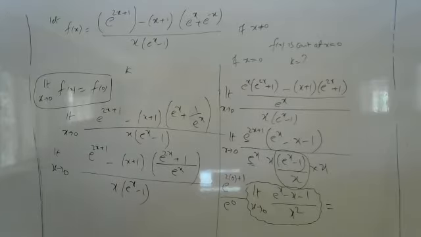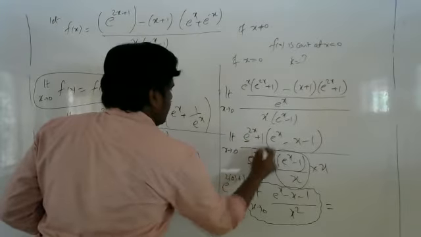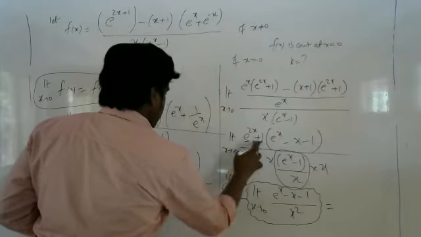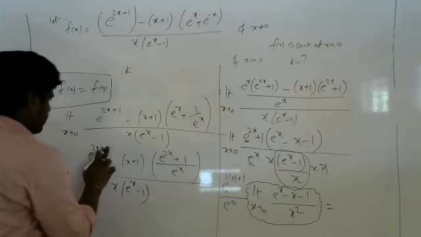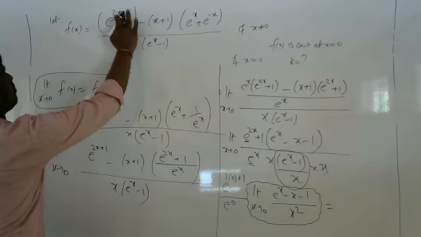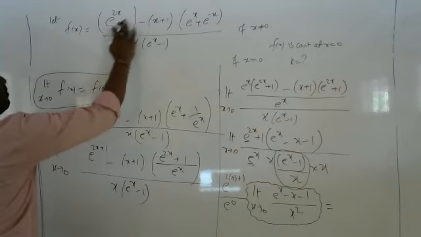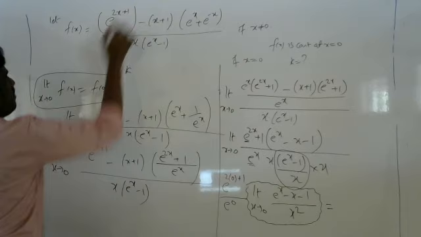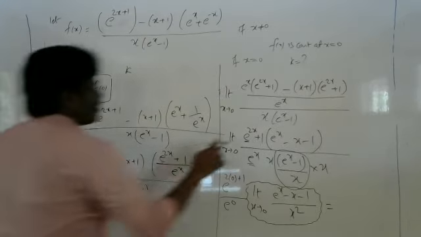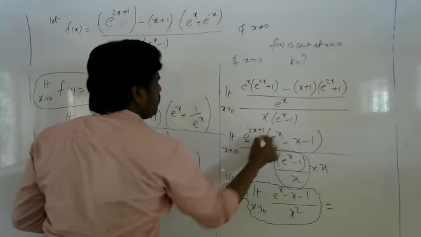Okay, see here, e power 2x plus 1 is down, not on the top. If the plus is on the top, then that is the correct answer. However, actually I took e power x plus 1 on the top.